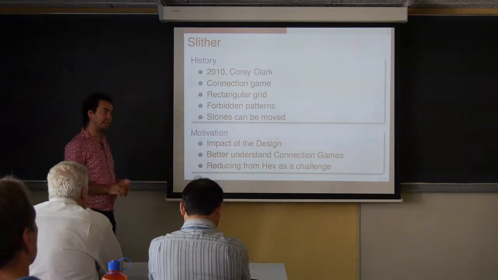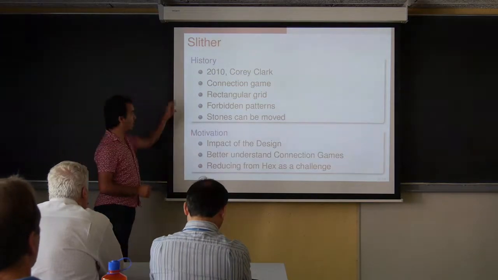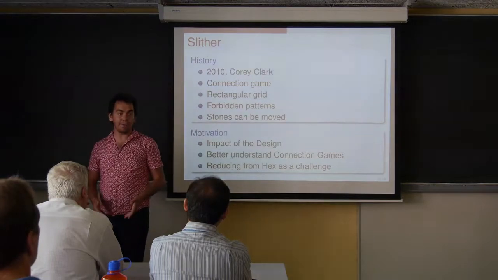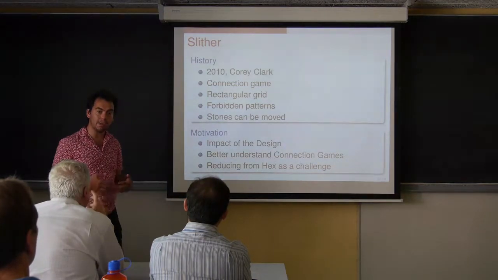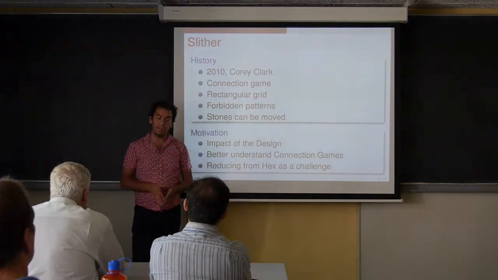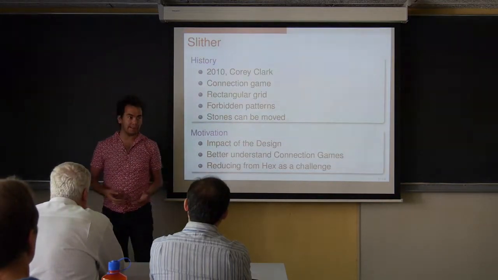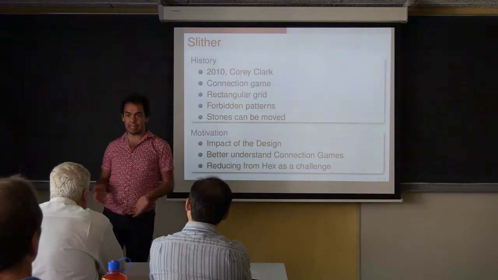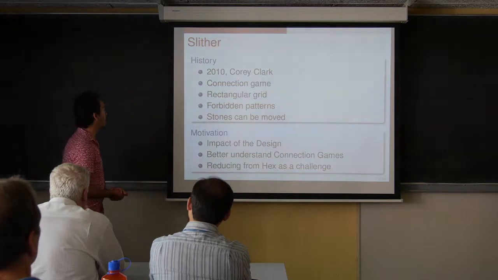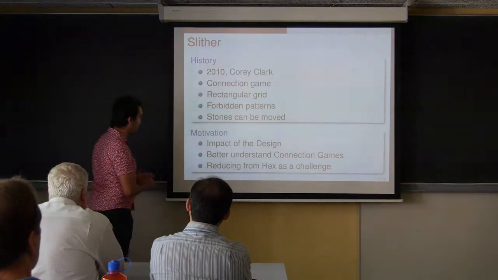It's not as clear as on a hexagonal board. So Corey Clark, when he designed this game, made some decisions. And we're going to look today at how these decisions impact the mathematical properties of the game. This will allow us to better understand the realm of connection games from a game design perspective.